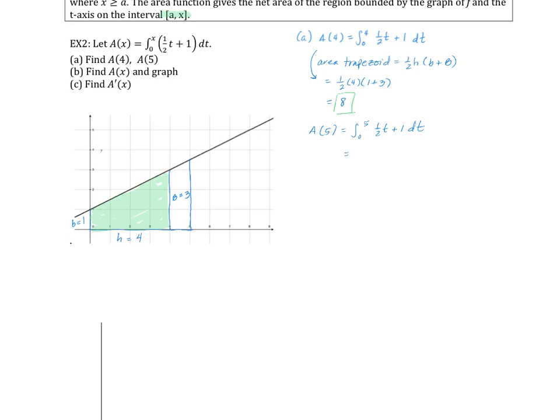So that's going to be equal to 1/2. The height is now 5. And then the smaller base is still 1. Plus, I think I'm going to use decimals. This is 3.5 for the larger base. In a calculator, that would be 11.25.